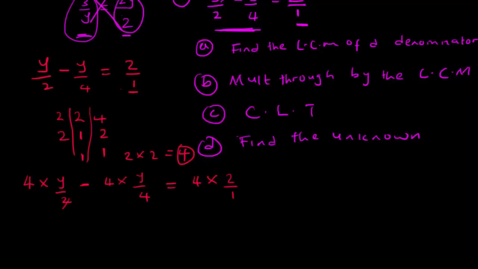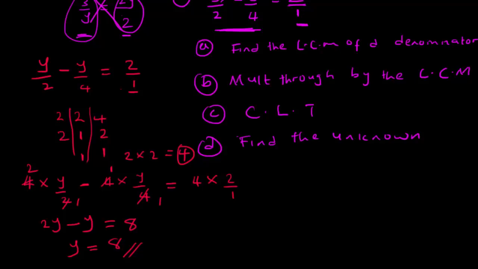So 2 here 1, 2 here 2. I'm left with 2 times y, which is 2y, minus 4 here 1, 4 here 1, minus 1 times y, so that's minus y, equals 4 times 2, which is 8. 2y minus y is what? y equals 8.